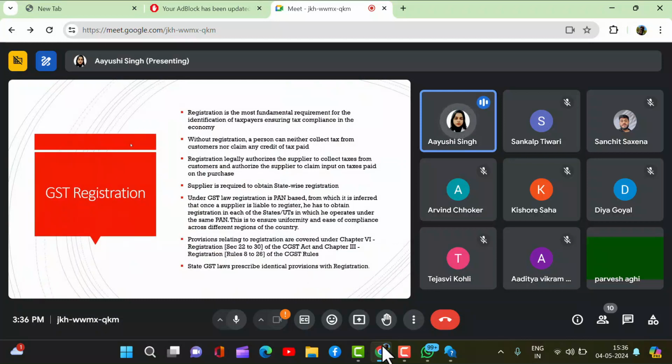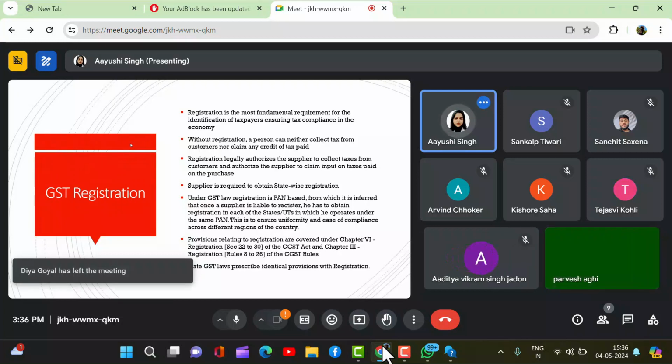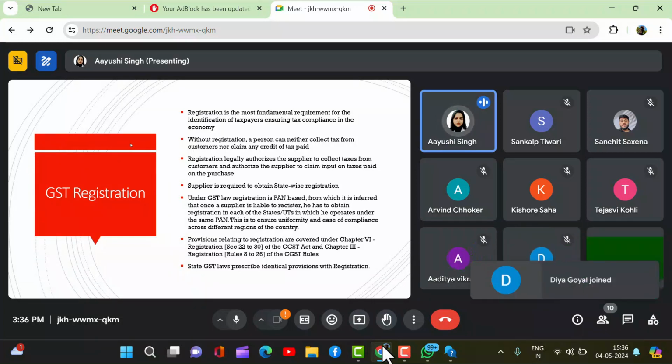GST registration is the most fundamental document required for the identification of taxpayers, ensuring that they are adhering to the tax compliances in the economy. Without registration, a person can neither collect tax from the customer nor avail the credit for the tax paid. Registration legally authorizes the supplier to collect tax from the customers and to claim input tax credit on tax paid on their purchases.